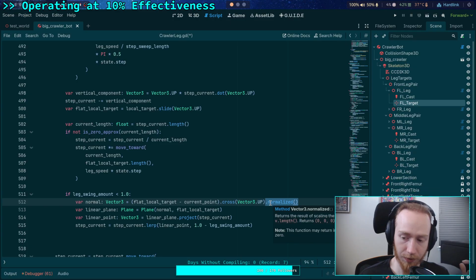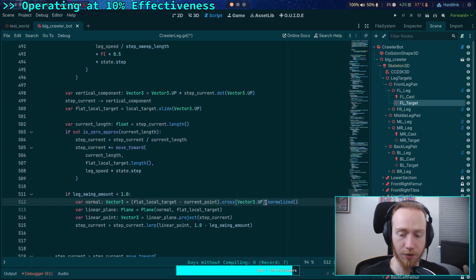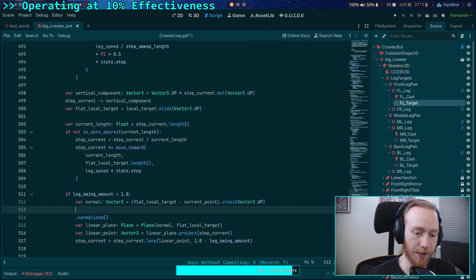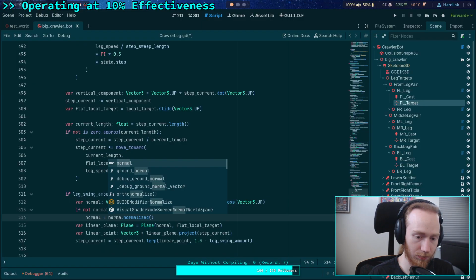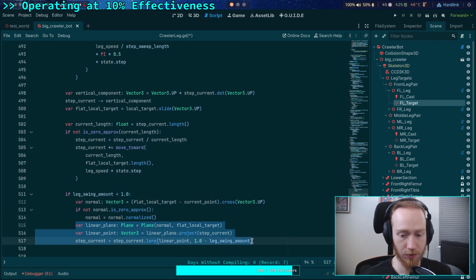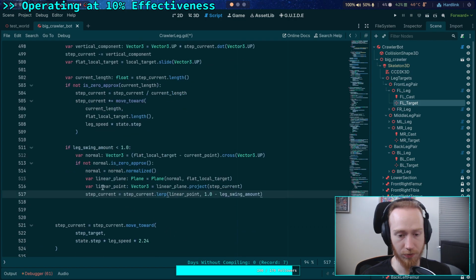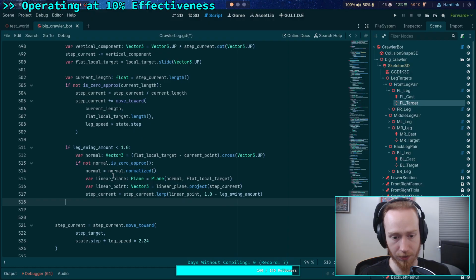Could guard with the input vector length is near 0. Okay, so I'll say this. If this is not true, then I can do all that.